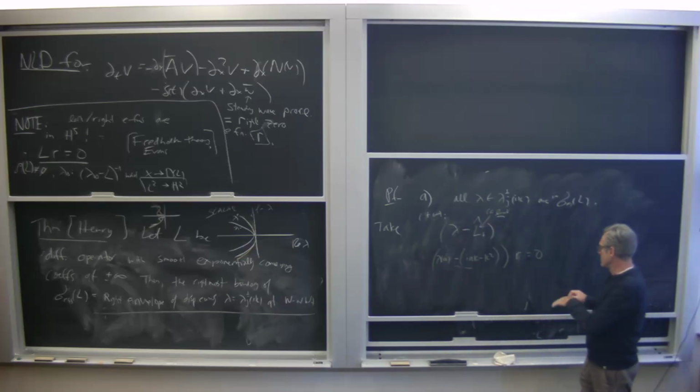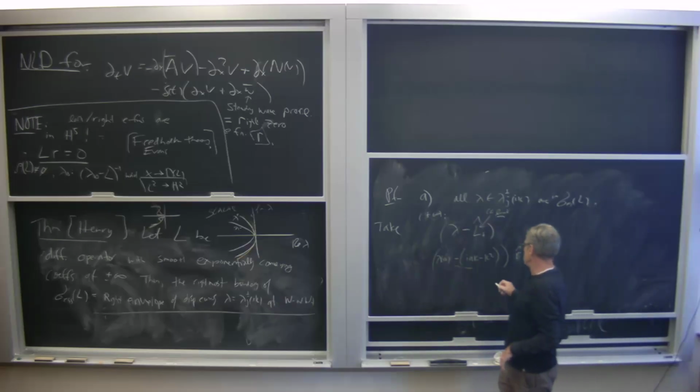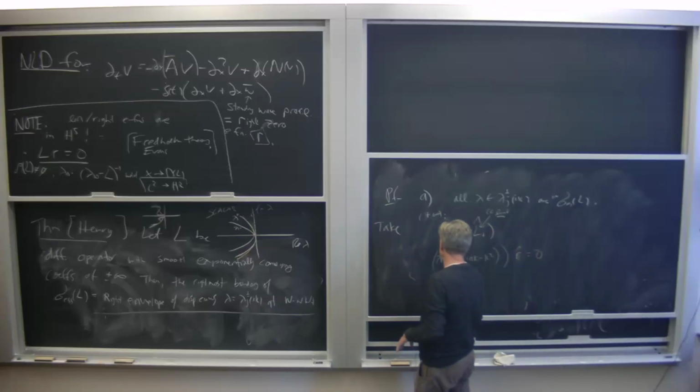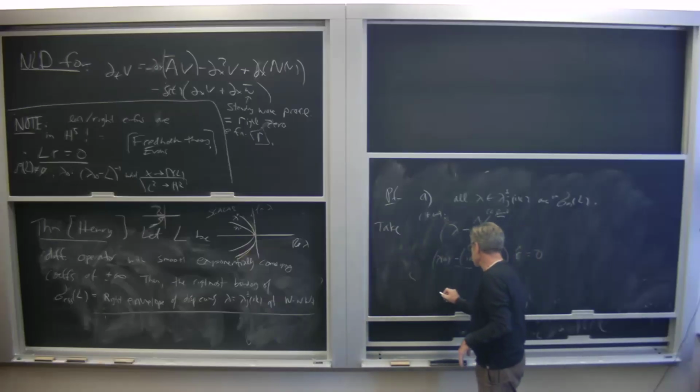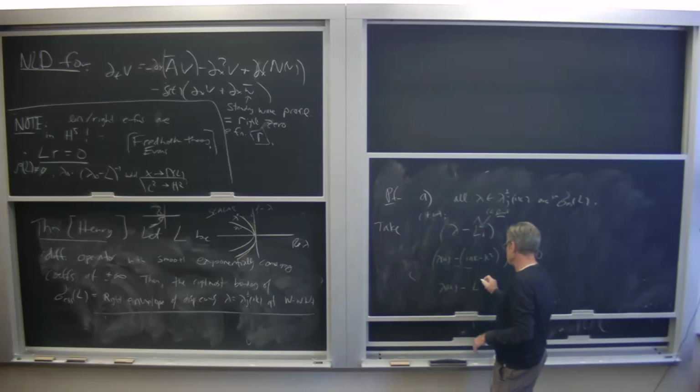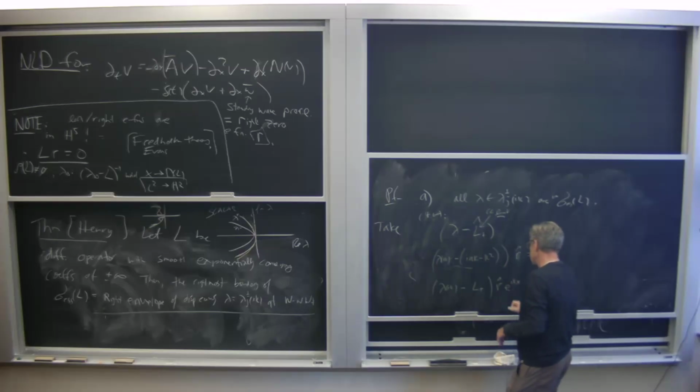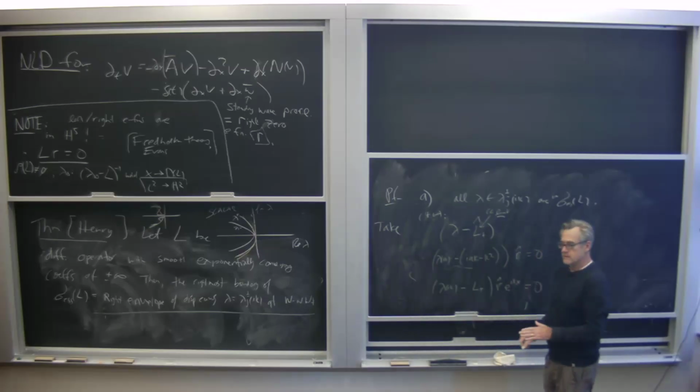But this means, in the transform, that if I write lambda of I k minus L plus applied to r hat e to the I k x, that is 0. It's the same statement.